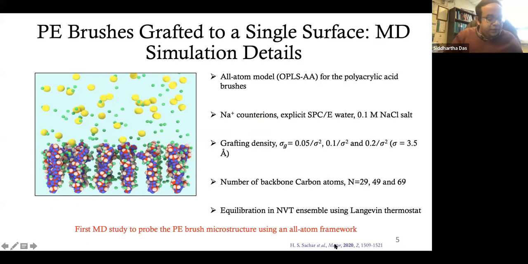So before looking into the nanochannel perspective, we first developed this all-atom molecular dynamics simulation model to capture the behavior of polyelectrolyte brushes grafted at a single interface.